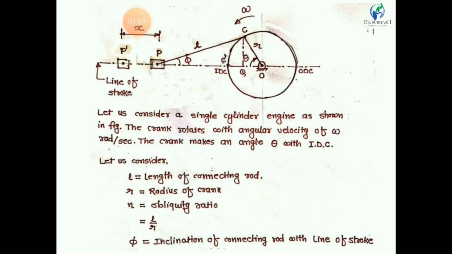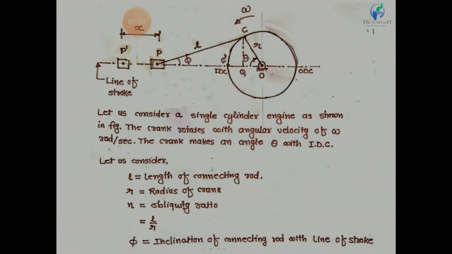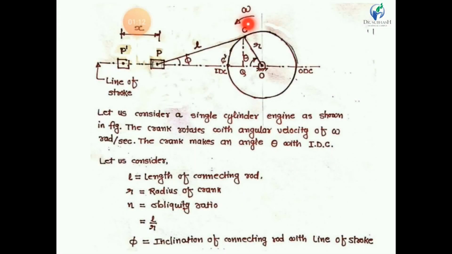So let us consider a single cylinder engine as shown in the figure. This is the center line of the cylinder. C is the crank, PC is the connecting rod, and P is the slider.